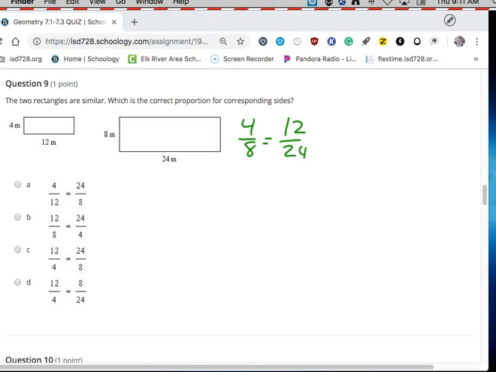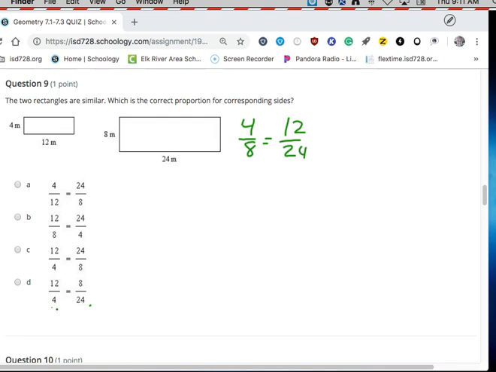And for some reason, you guys don't have the right answer here. If we're looking at 4 to 8 and 12 to 24, this has a manipulation of 4 to 12. I could have gone 24 to 8 and 12 to 4. That's one possibility.